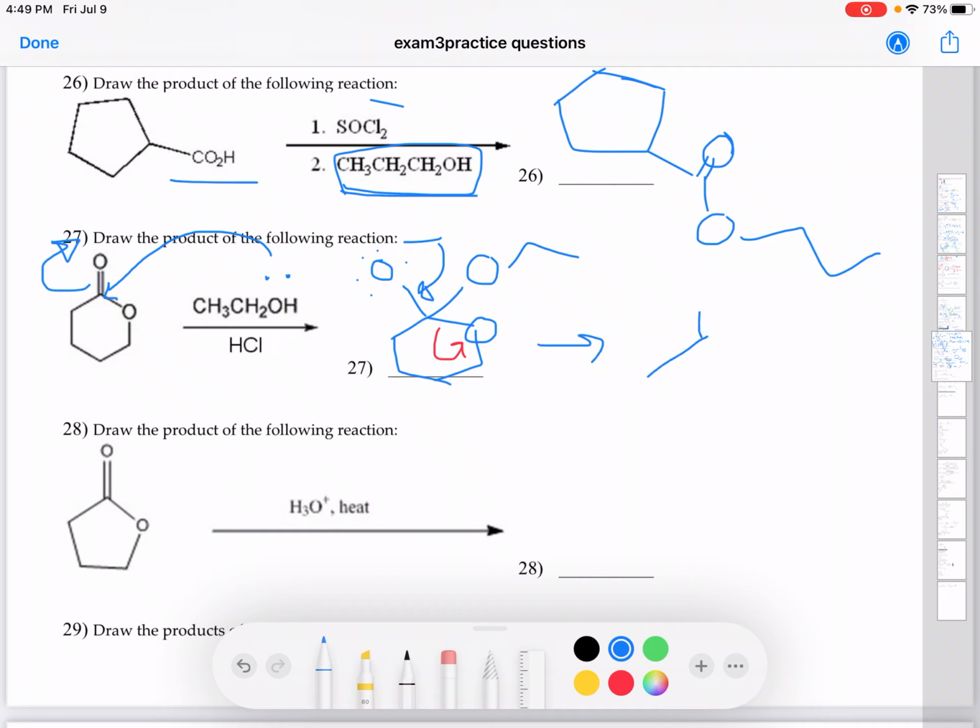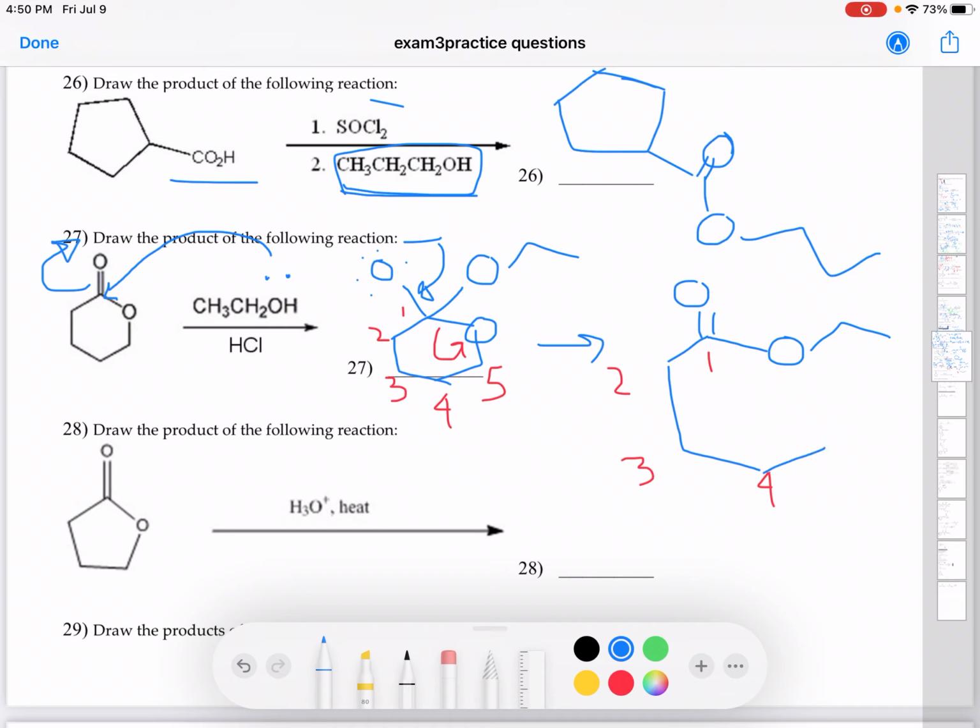giving you this molecule, O. And on this carbon you have oxygen. I will number this so you know what's happening. 1 2 3 4 5. 1 2 3. 3 4 5.